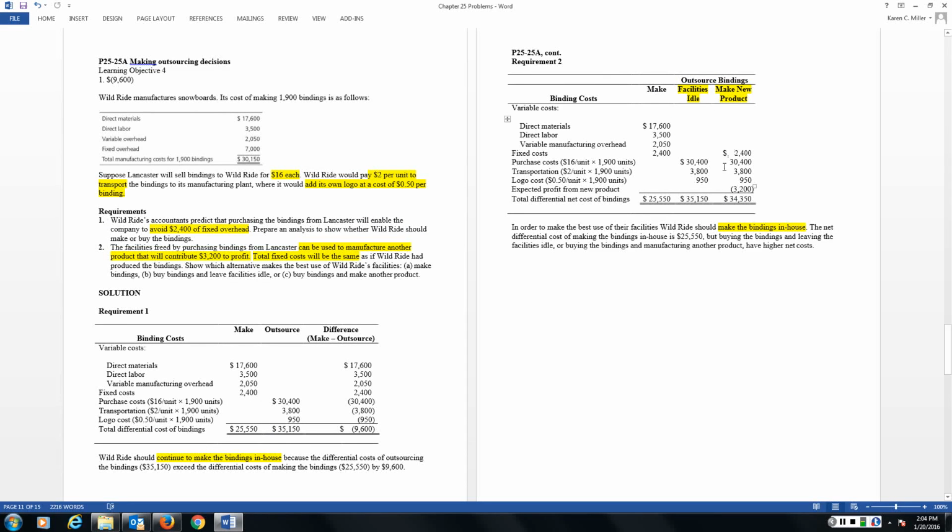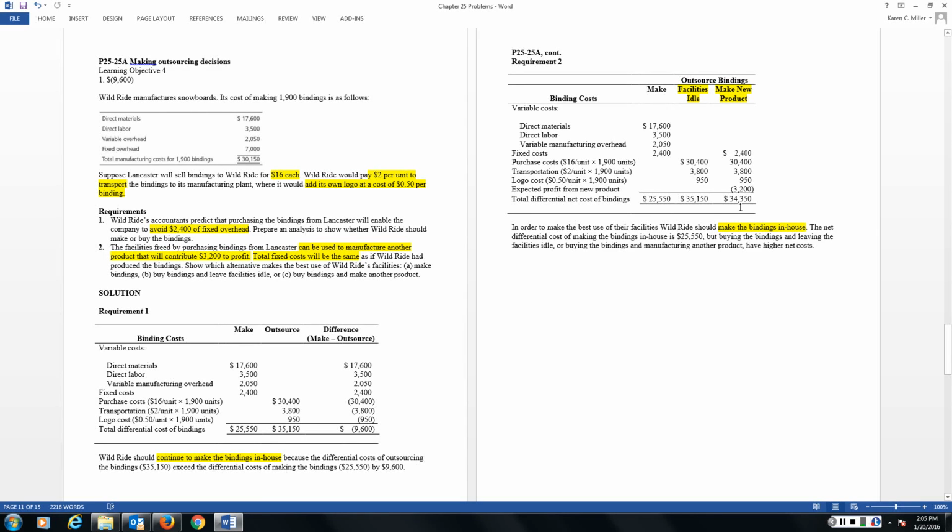So not only would we pay the outsourcing fee of $30,400, $3,800, and $950, these are the fees that we would pay to purchase a product. This is the $2,400 that we would still incur in fixed overhead because it's not going away, but I would also generate savings of $3,200 because I'm going to generate some profit. So the net result is $34,350.